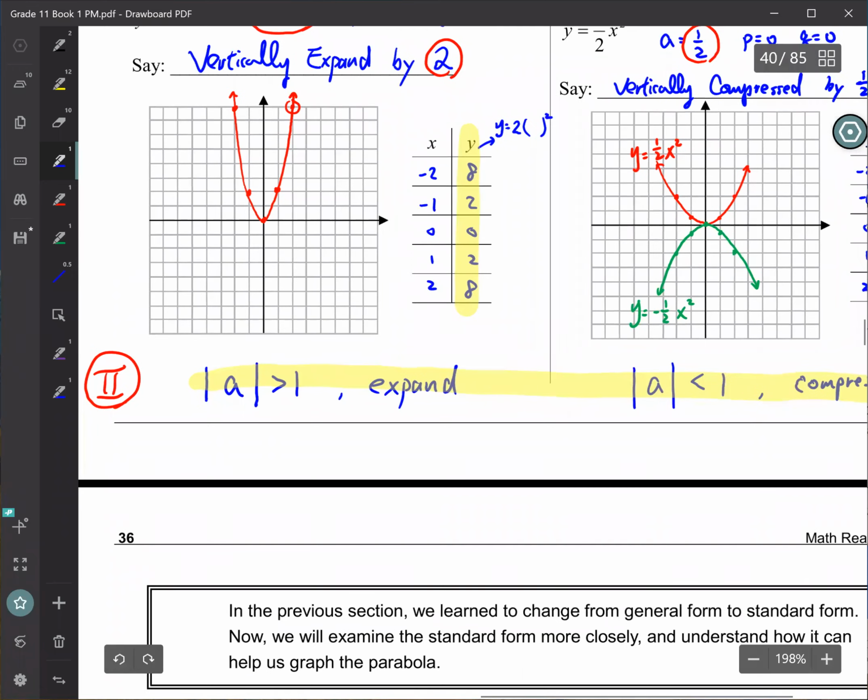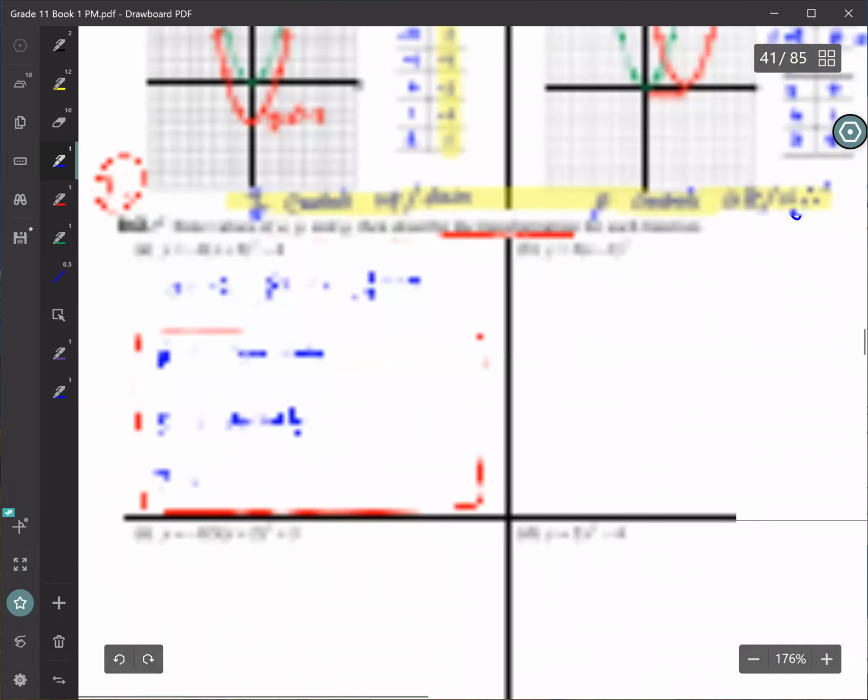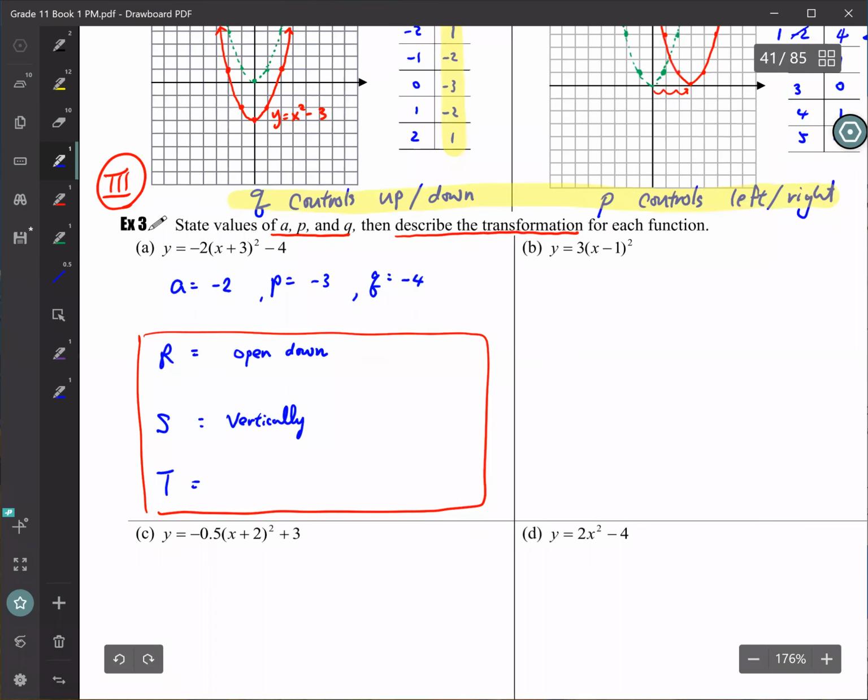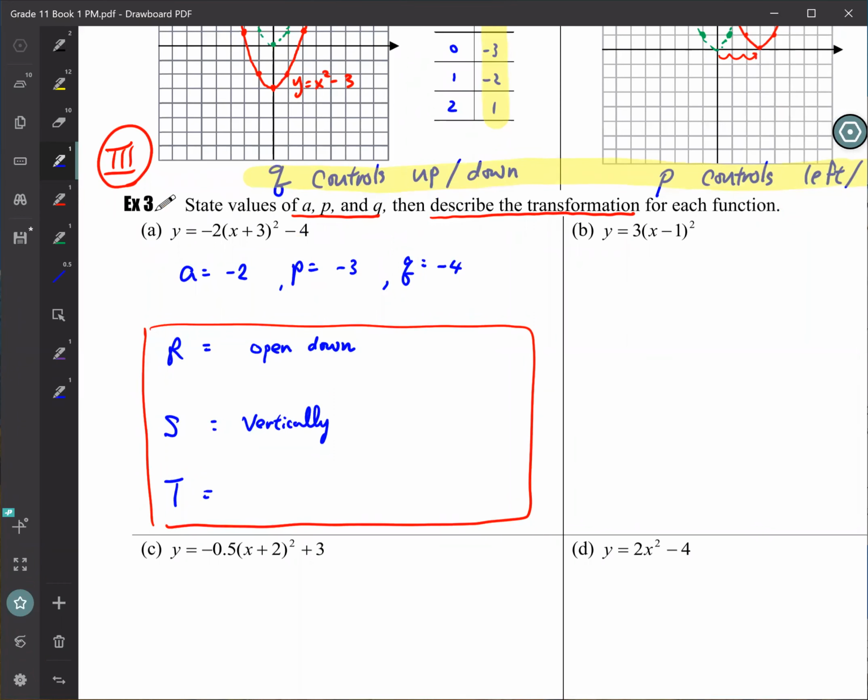So for this one, what's the absolute value of A? A is -2, right? Absolute value of -2 means you ignore the negative. So what do you get? 2.